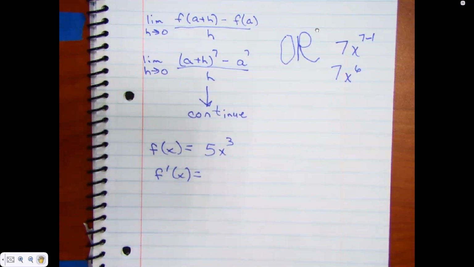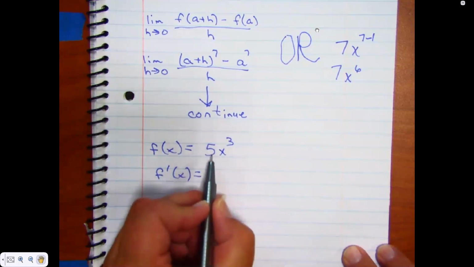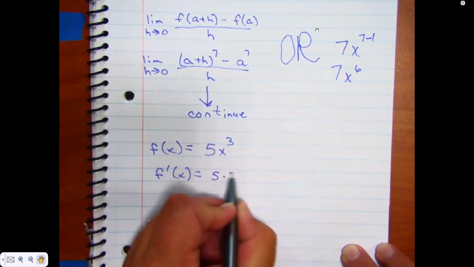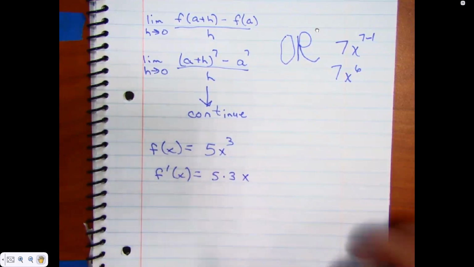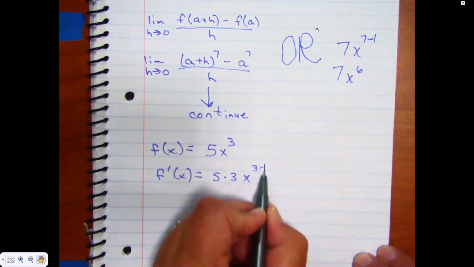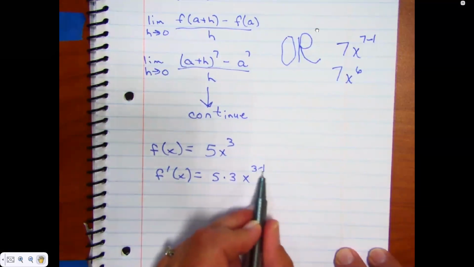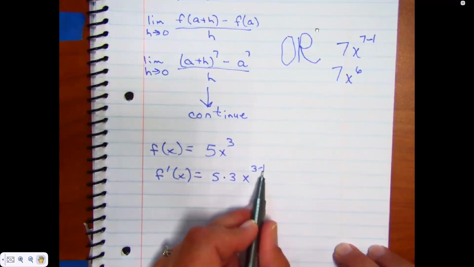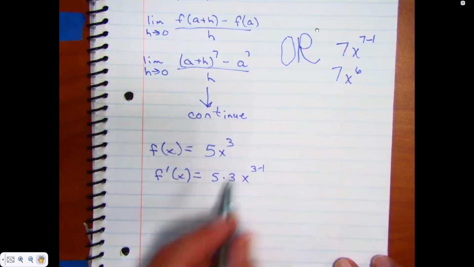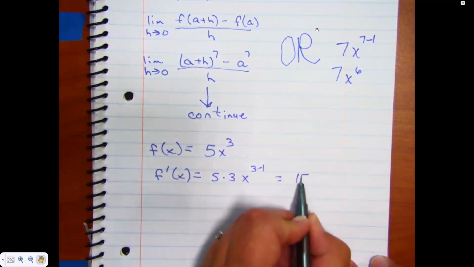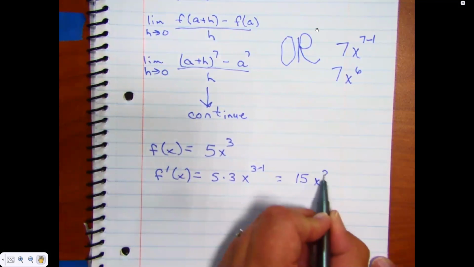Multiply. This is that constant rule. I have this 5 as a constant, so he just tags along as multiplication. And then I subtract 1. 3 minus 1. If you want to go right to 2, that's fine. Take advantage of being as short as basic. There'll be some times when there's fractions that I'll write minus 1, but eventually you can just write 2. So the best answer then is 15x squared.